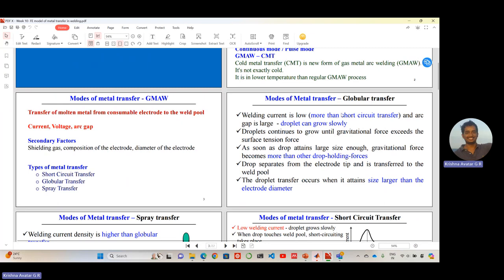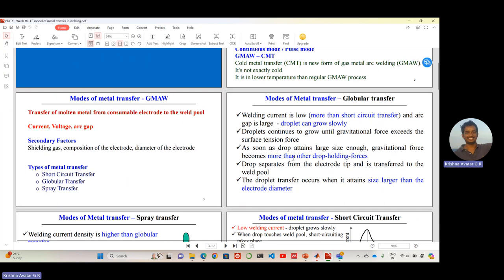In globular transfer, the welding current is low, though more than in short circuit transfer, and the arc gap is large. The droplet can grow slowly, and continues to grow until gravitational force exceeds the surface tension force. As soon as the drop attains a large enough size, gravitational force becomes more than the other drop holding forces, and the drop separates from the electrode tip and is transferred to the weld pool.